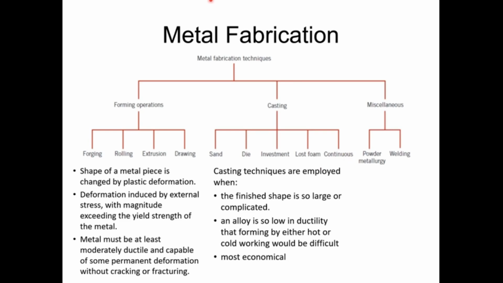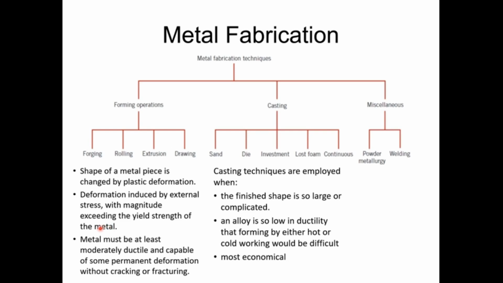If we apply a forming operation to the metal, either forging, rolling, extrusion or drawing, the shape of the metal piece is changed by plastic deformation, and this plastic deformation is induced by the external stress.